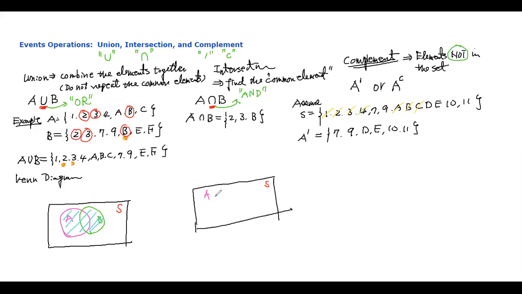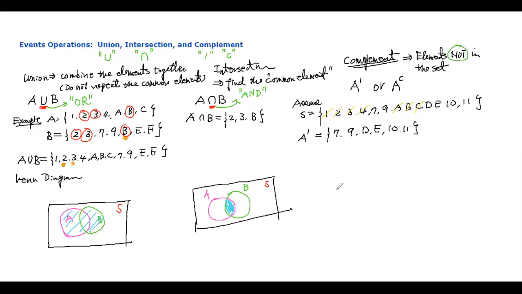Okay, so this is A and this is B. A intersect B is the common area of A and B. So this is the part that belongs to both A and B.